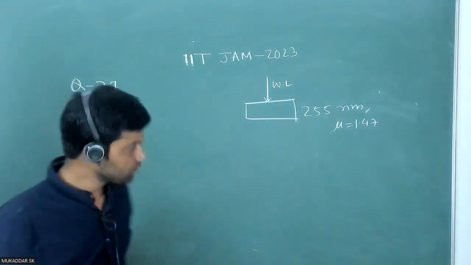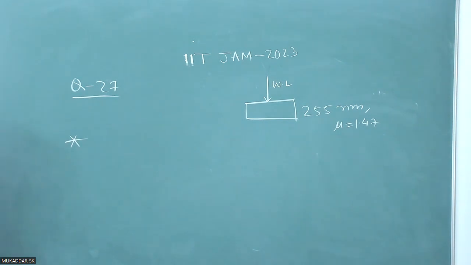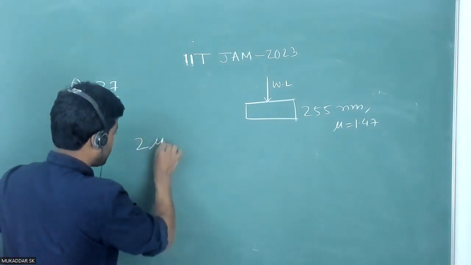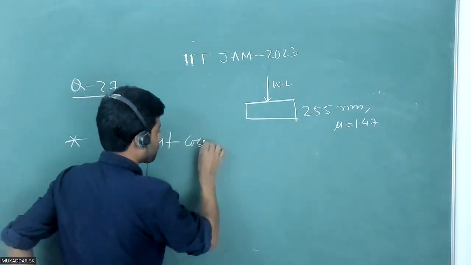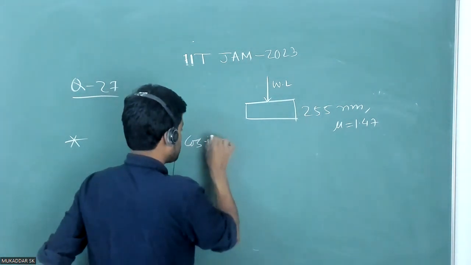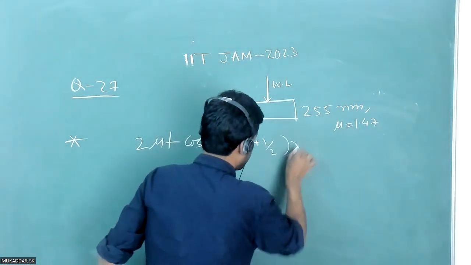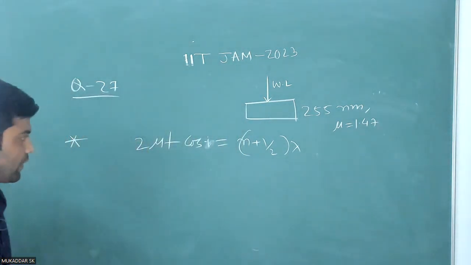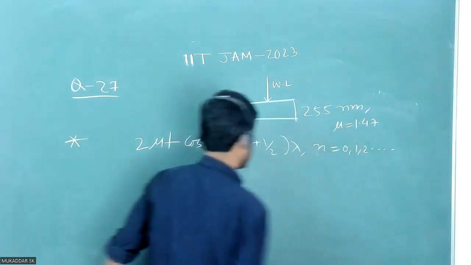Okay. As you know, the color will be dominated for which we get constructive interference. So for constructive interference in thin film, the condition is like that: 2 mu t cosine r should be equal to (n plus half) lambda, and that n can take values 0, 1, 2, and so on.